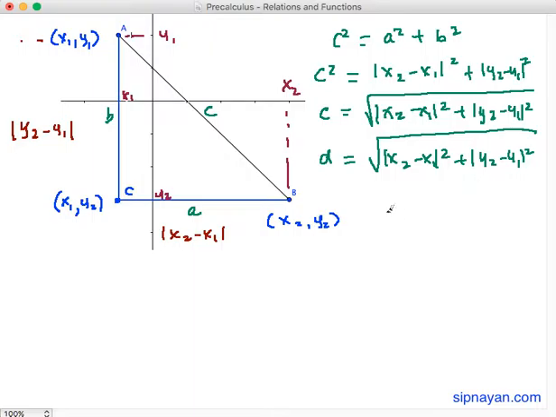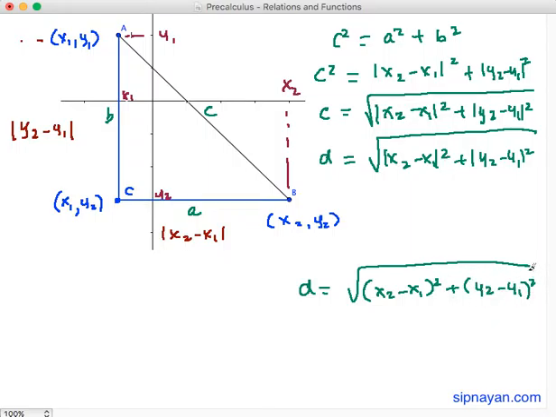Another form of this is with parentheses. So another formula is distance equals the square root of (x sub 2 minus x sub 1) squared plus (y sub 2 minus y sub 1) squared.